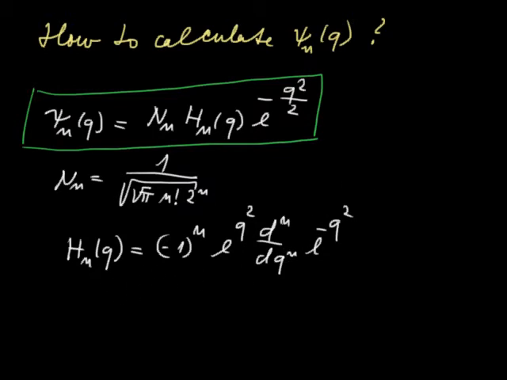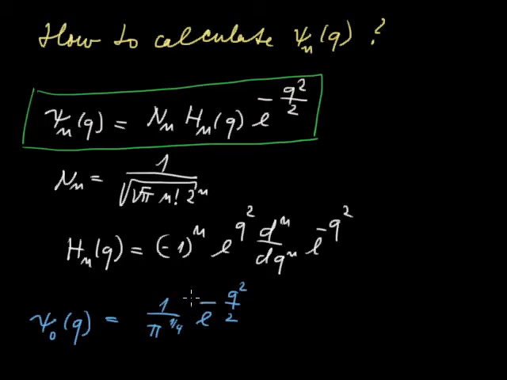We will only need the first wave function psi 0, which is 1 over the fourth root of pi, e to the power of minus q squared divided by 2.